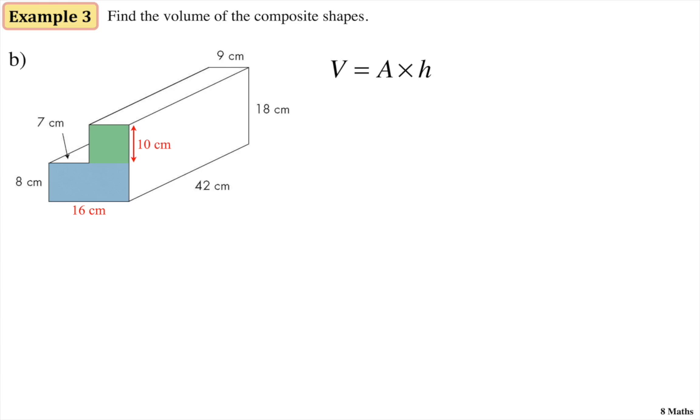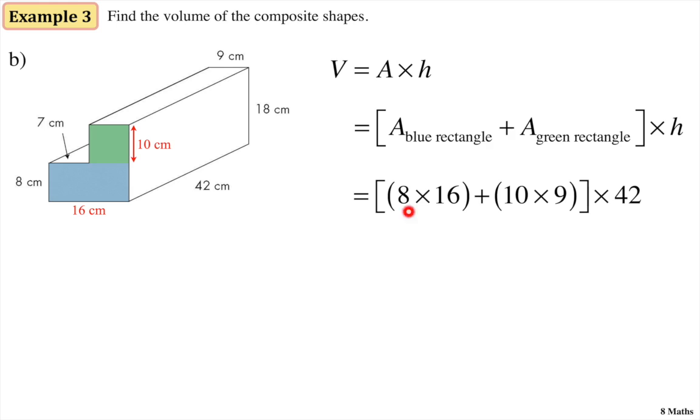Now the formula for this shape to find its volume is the volume of this cross section, and remember at the back it would be the same, times by the height, which is 42 centimeters. The height is the distance from the front to the back. So it's the area of the blue rectangle plus the area of the green rectangle multiplied by 42. Well, the blue rectangle is 8 times 16, length times width. The green rectangle is 10 times that distance there, which is 9.